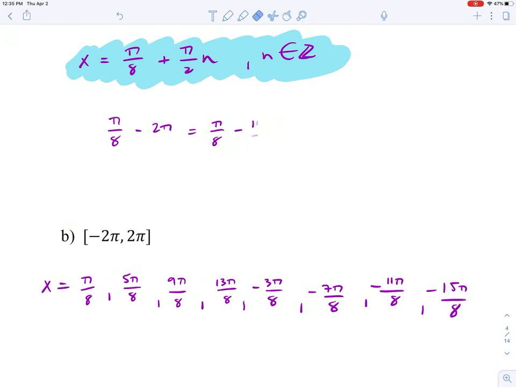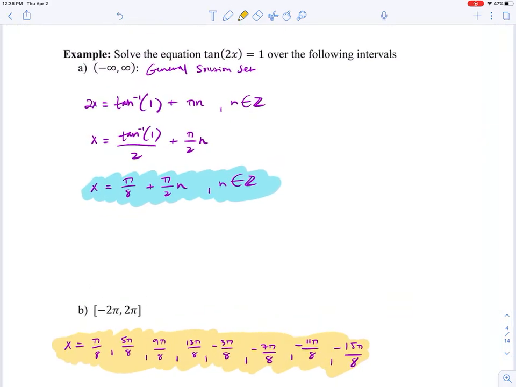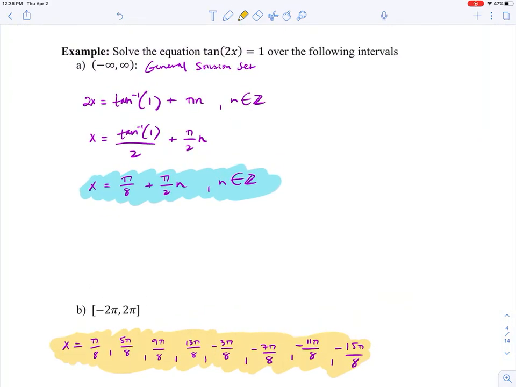If we subtracted any more, like if we made n equal to negative 5, that would go outside the interval. So we have 1, 2, 3, 4, 5, 6, 7, 8 solutions on the interval from negative 2 pi to 2 pi.